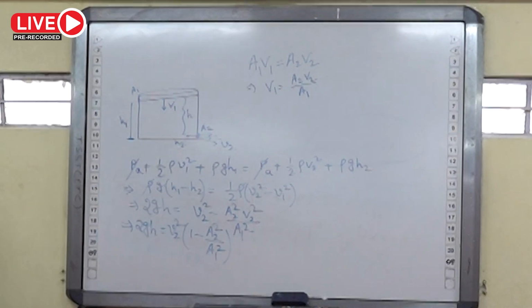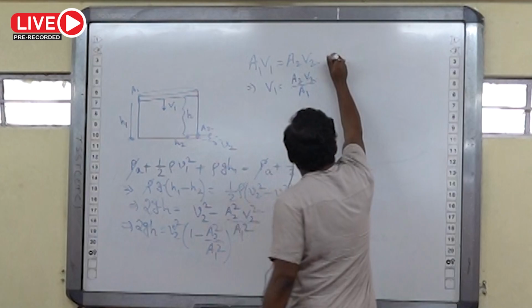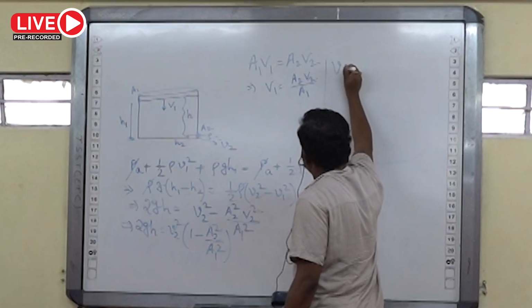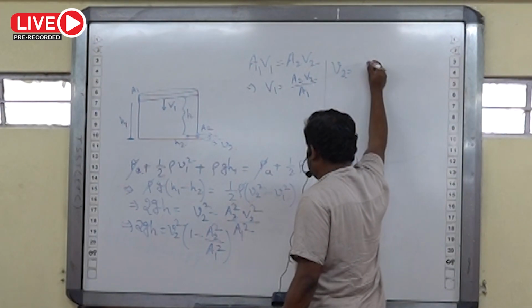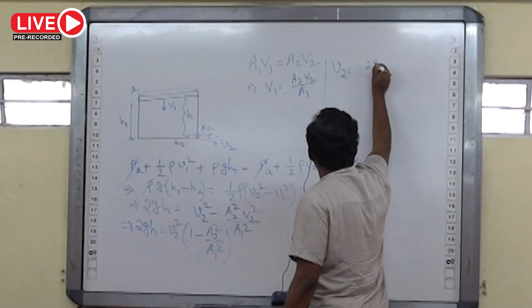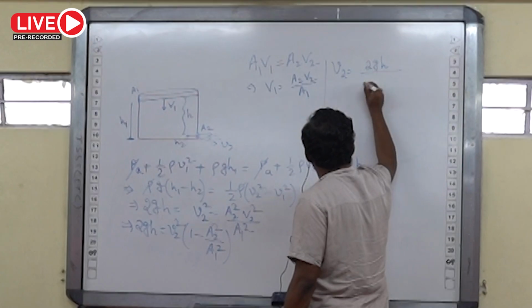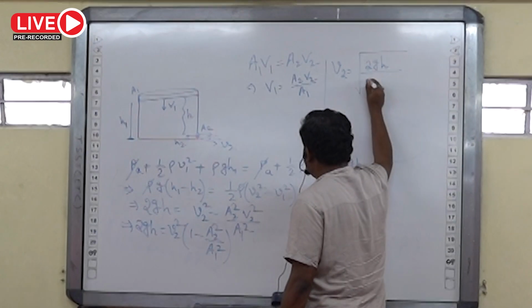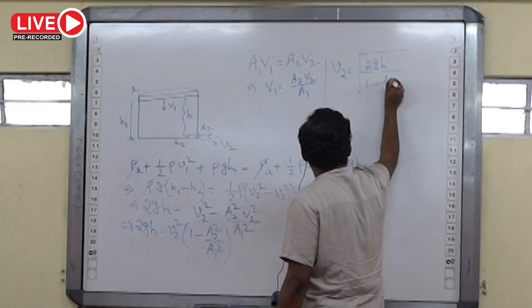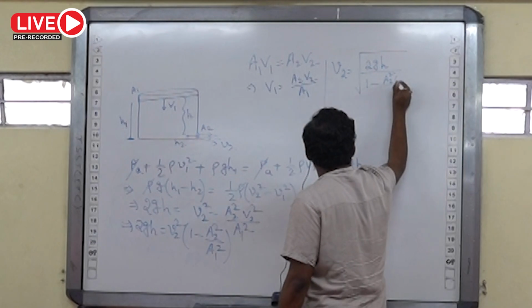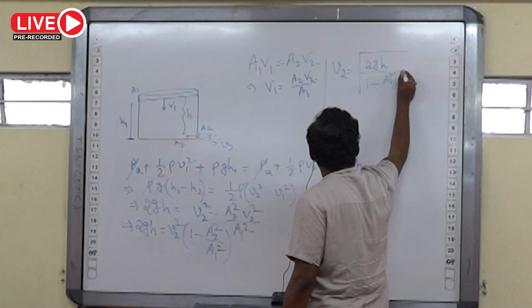Fine. Then what about V2? V2 is coming 2GH divided by 1 minus A2 square by A1 square.